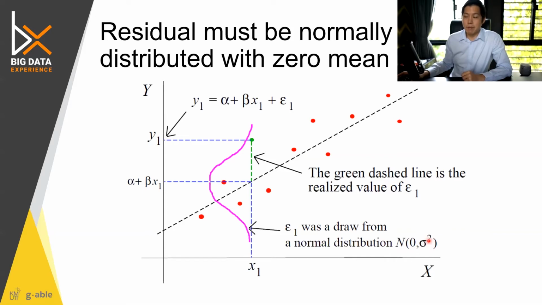Normal distribution means that most of the values would cluster in the middle, right? A bell shape. Mean equals 0 means that on average, the values cluster at zero location, at here. That means most of the dots would be around the line. If the mean is not 0, it would mean that the error itself has more positive values than negative values.